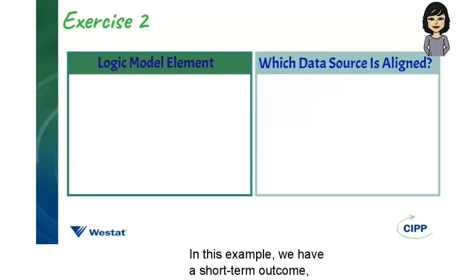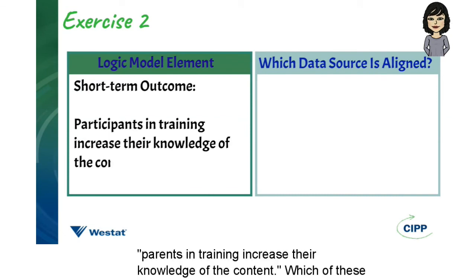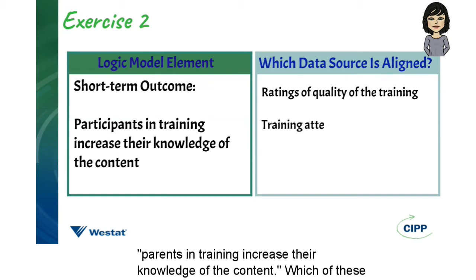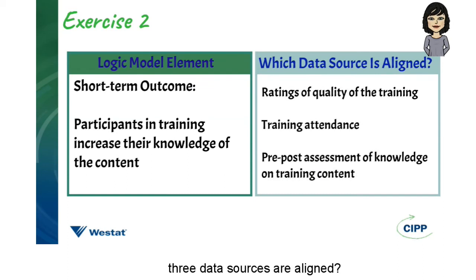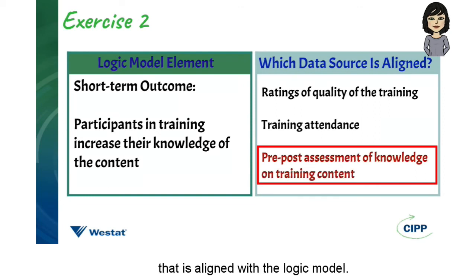In this example, we have a short-term outcome. Parents in training increase their knowledge of the content. Which of these three data sources is aligned? In this example, the pre-post assessment of knowledge on the training content is the data source that is aligned with the logic model.